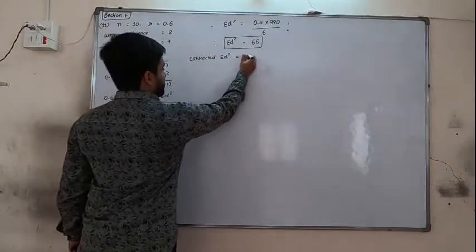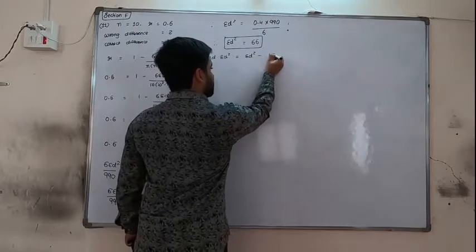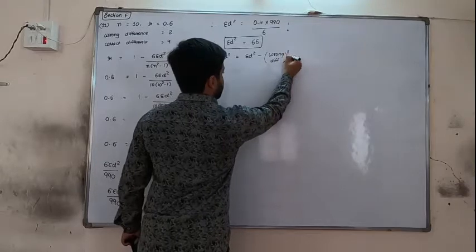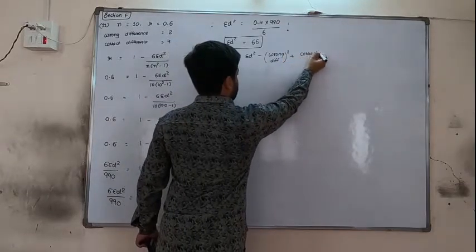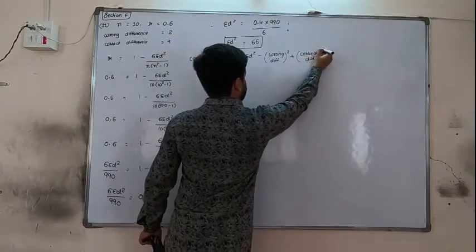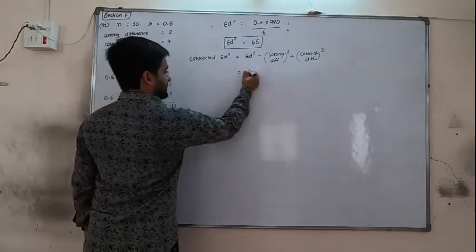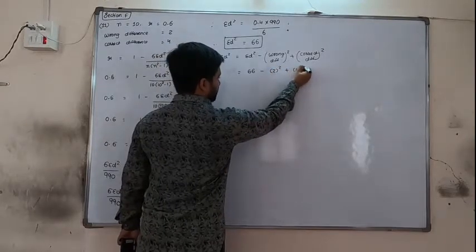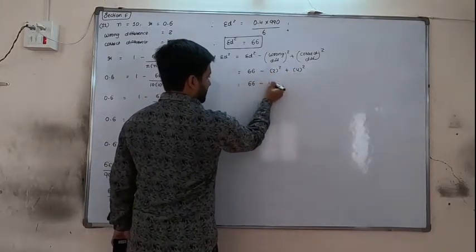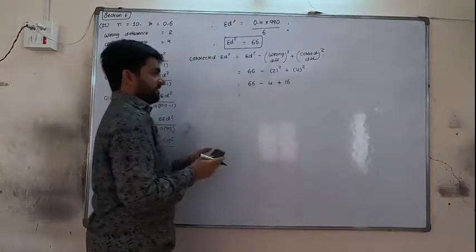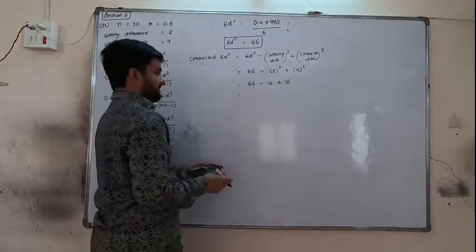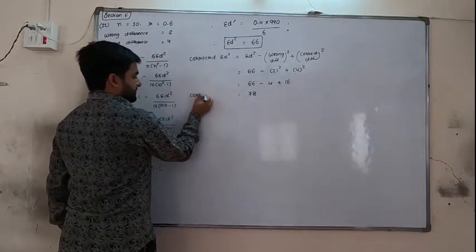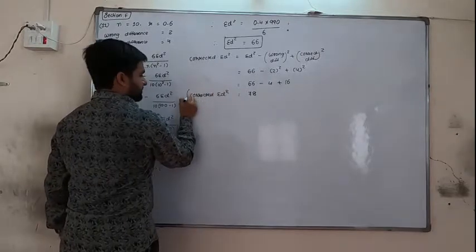Corrected sigma d square is equal to sigma d square minus wrong difference square plus correct difference square. 66 minus 2 square plus 4 square, 66 minus 4 plus 16, is 78. That is the corrected sigma d square.